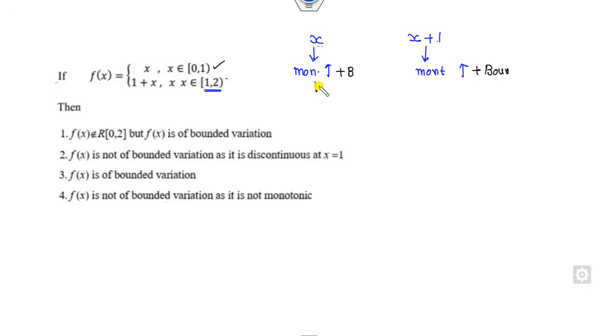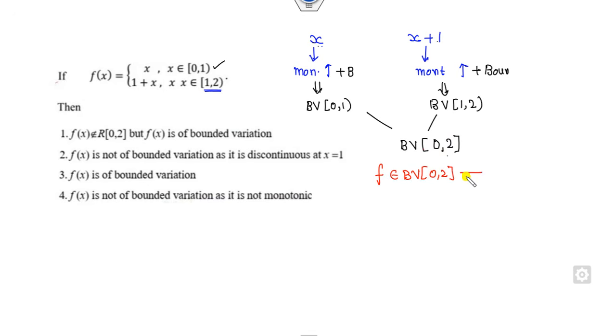What does it mean? This function is of bounded variation over 0 to 1. This function is of bounded variation over 1 to 2. What does it imply? It implies it's of bounded variation over the complete domain. So f is of bounded variation over this domain.